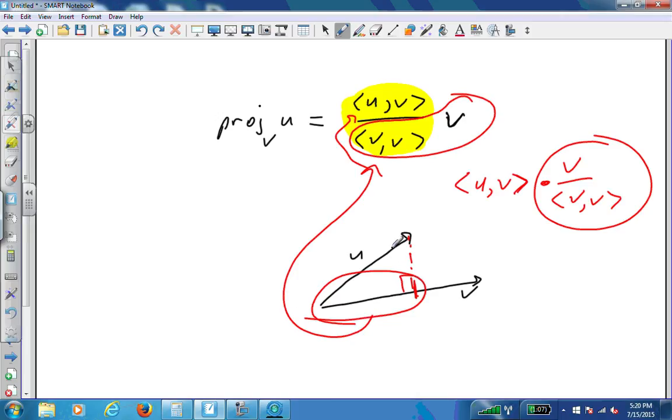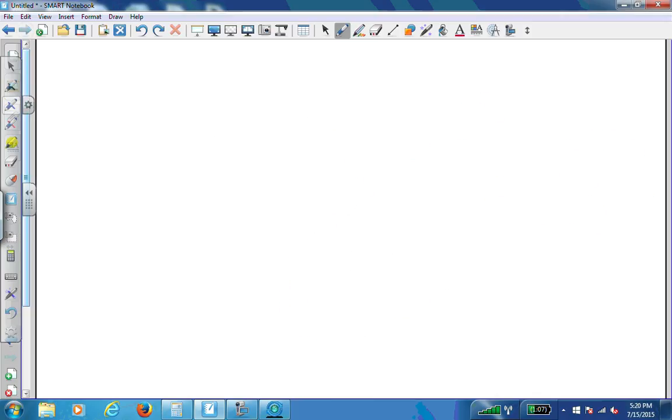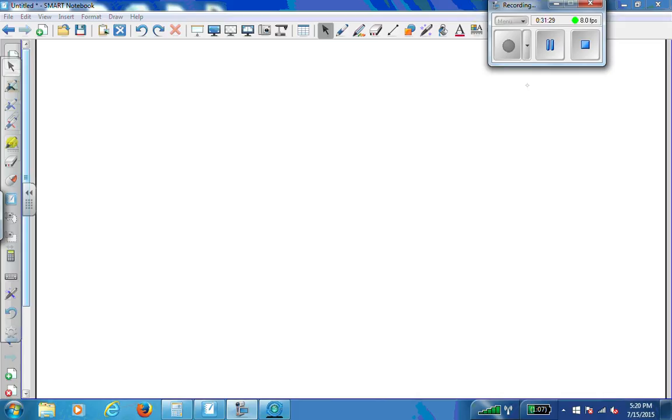So that takes U, projects it onto V. So the resulting vector is this blue part right here. So that's 5.2 in a nutshell.